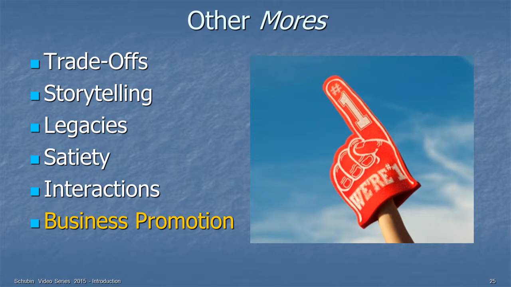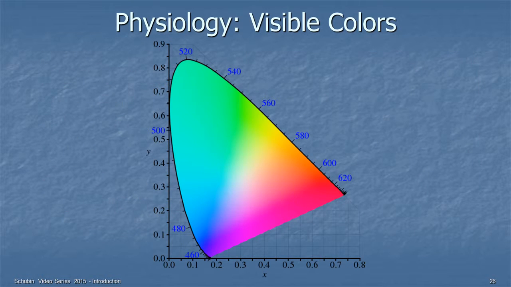And then finally, we have this issue of business promotion. Let's talk a little bit about wide color gamut for that. This is the visible colors that we can perceive, and this is only for a certain brightness level. There are different curves for different brightness levels.